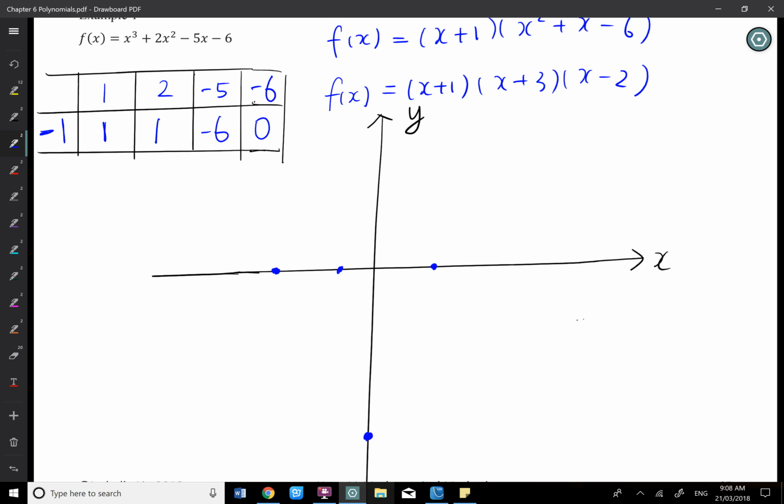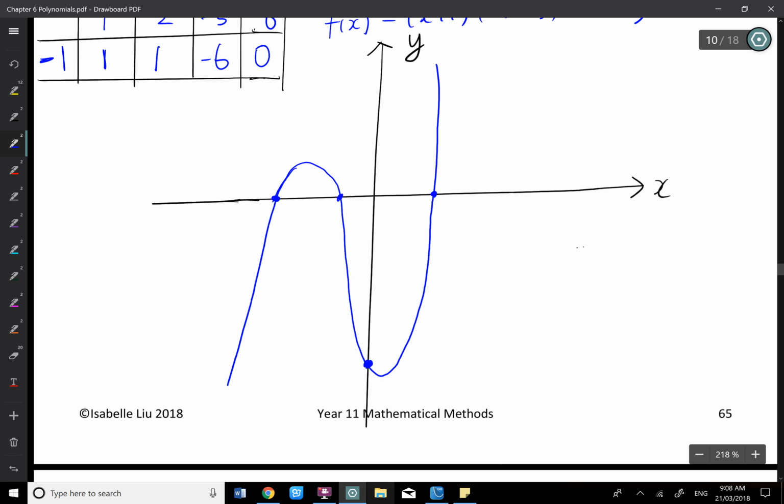Maybe it looks a little bit better after you sketch it. Something like this.